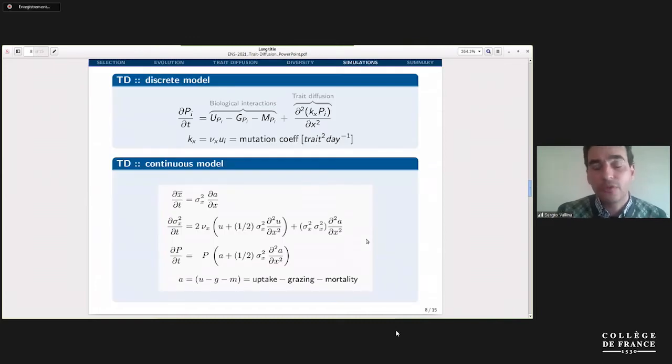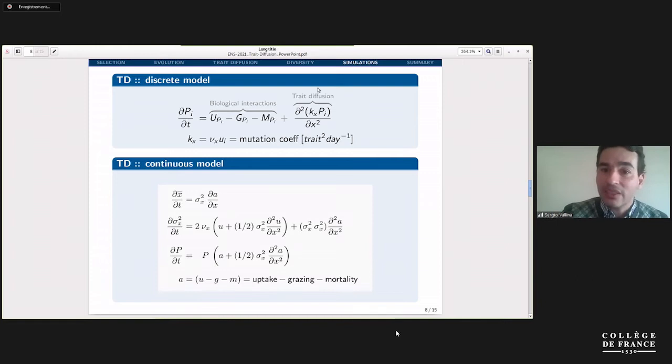Here are a little bit of the equations that I'm going to use in parallel. So the discrete model approach, this is the Darwin type approach. You have one equation for each phytoplankton type, phytoplankton i. So you have, in the previous example, 7 cases if you wish. Some biological interactions: U is the primary production, G is losses by mortality, and M are losses by background mortality.